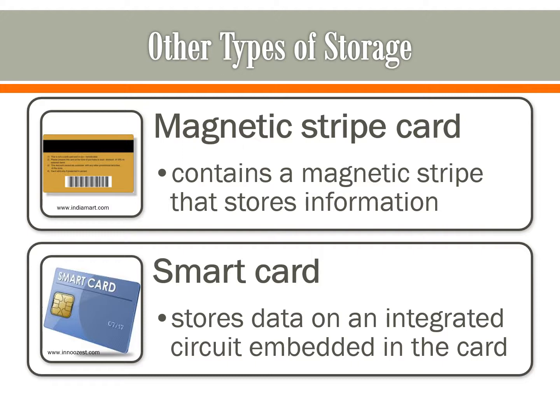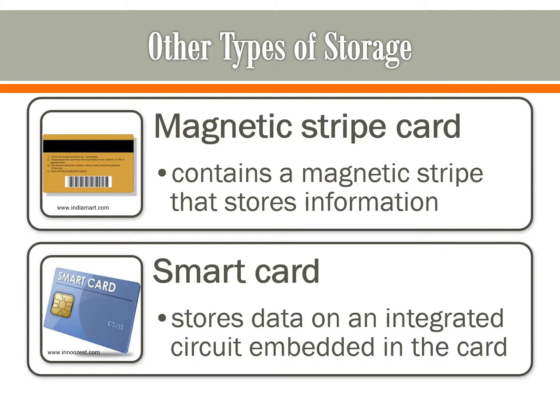Other types of storage. Whenever we store information, we refer to it as a storage device, and also any device that can hold or store information, even as small as a card with a magnetic stripe, as shown in the slide there.